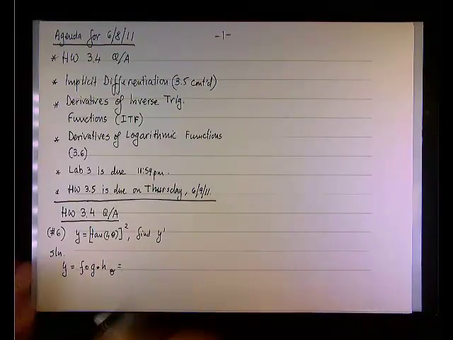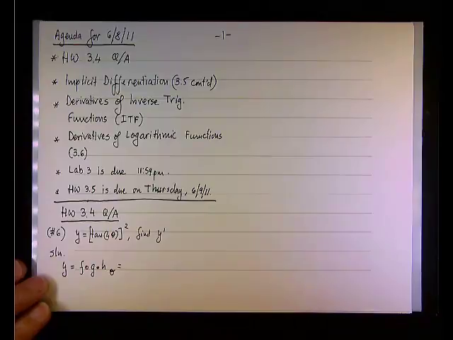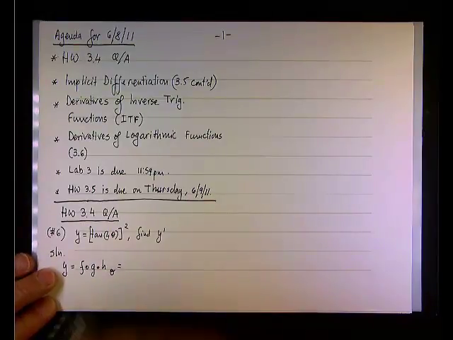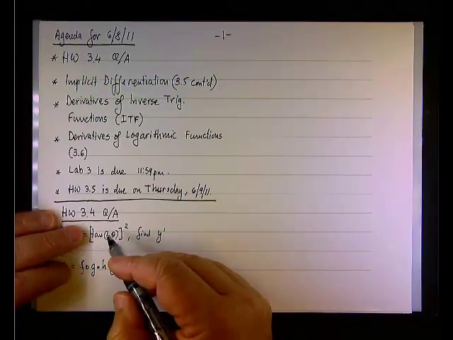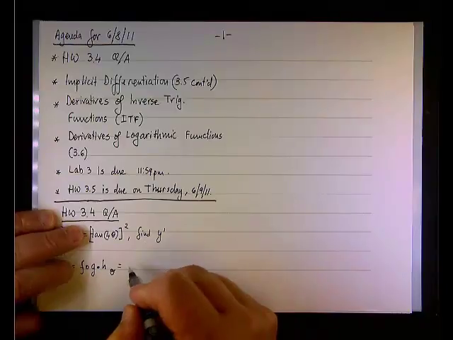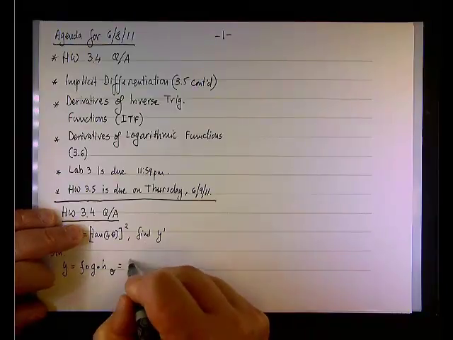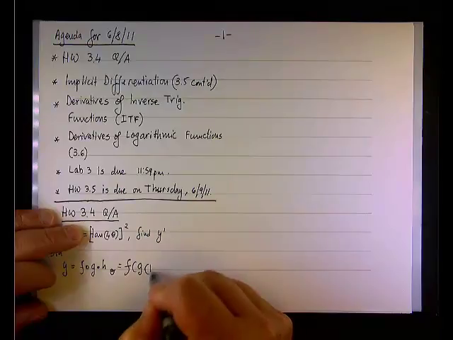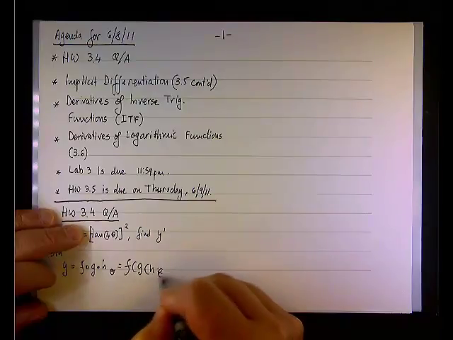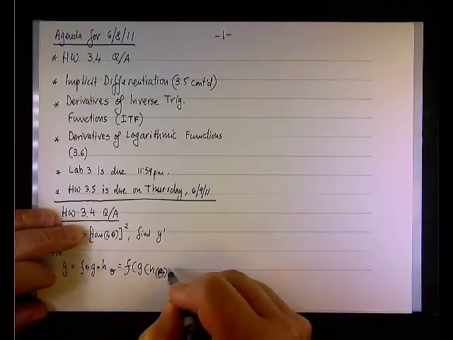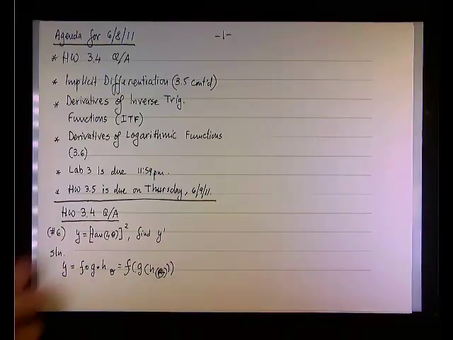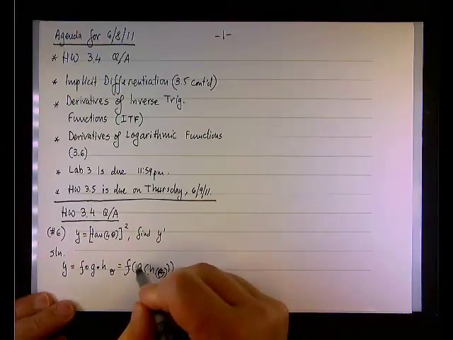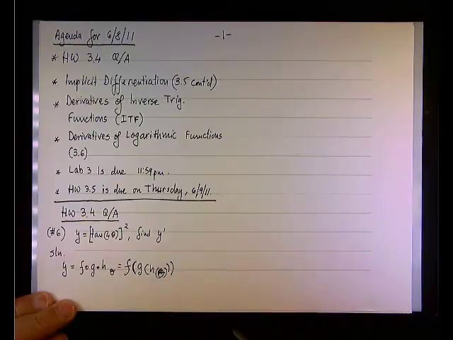Or if we want to do a nested notation, then it will be f of g of h of theta, like so. So that's what the circle notation is advantageous for when it comes to a composition of more than two functions.